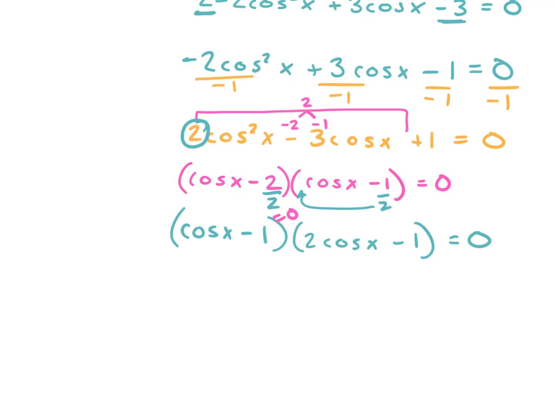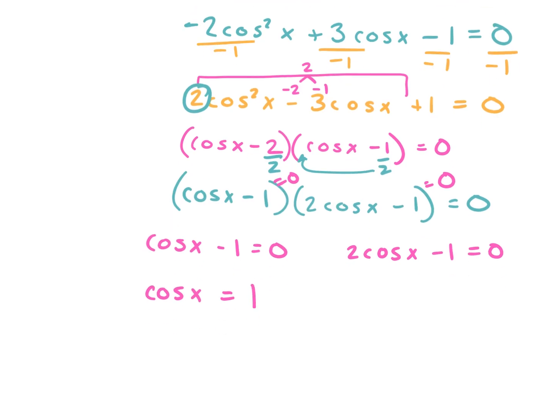So we're going to set both of these equal to 0. Cosine x minus 1 equals 0. 2 cosine x minus 1 equals 0. So cosine x equals 1. We'll start by solving the first one here. Cosine tells us we look at what on the unit circle? The x.